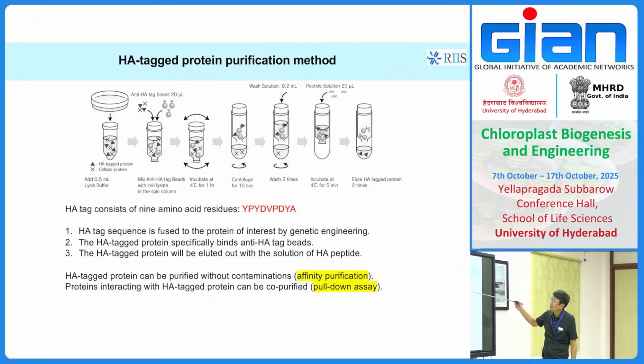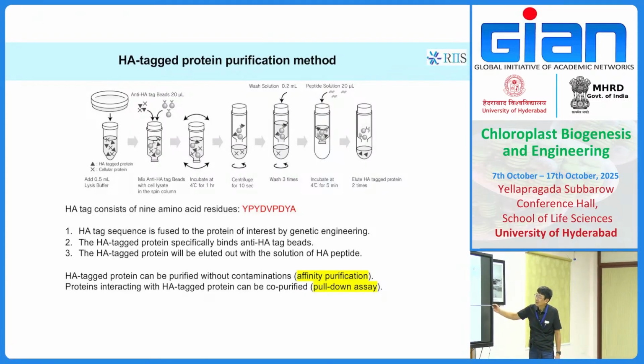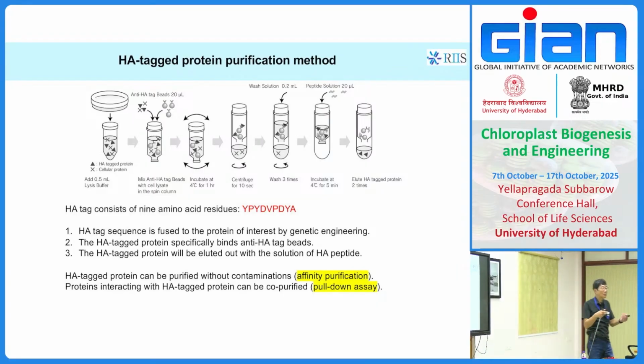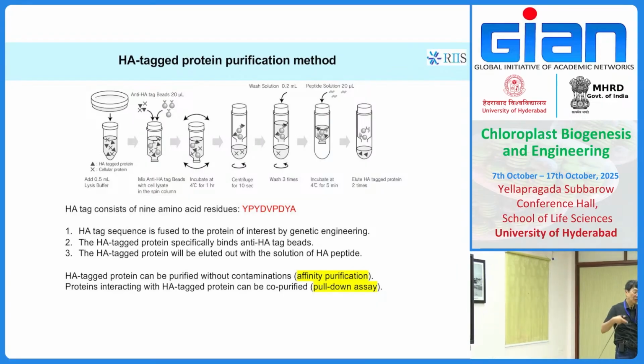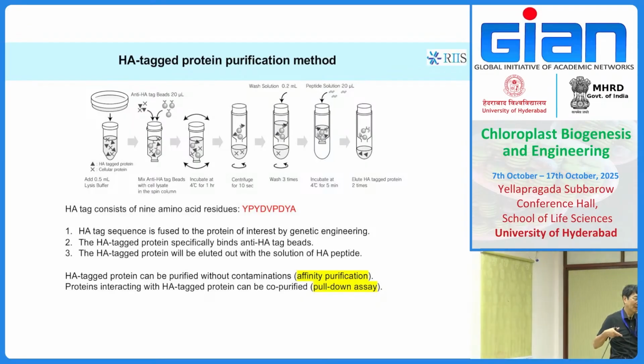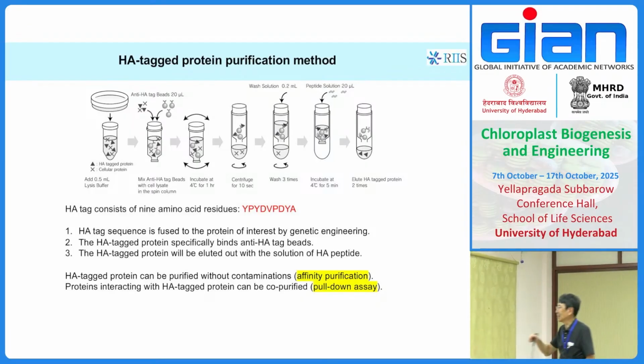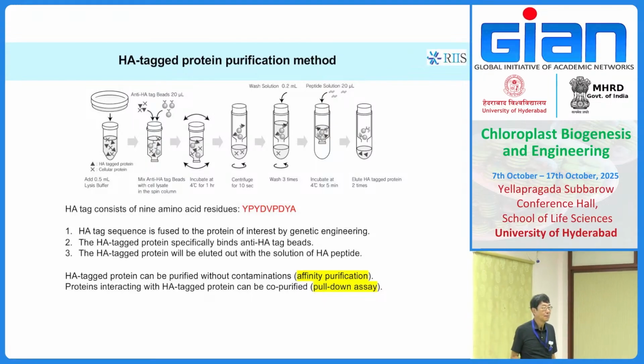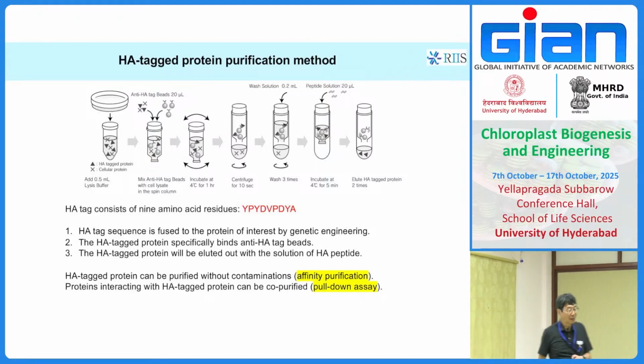The beads associate with this synthetic peptide because the concentration of synthetic peptide is much, much higher, right? So you can replace it. Then you can purify this HA-tagged protein.